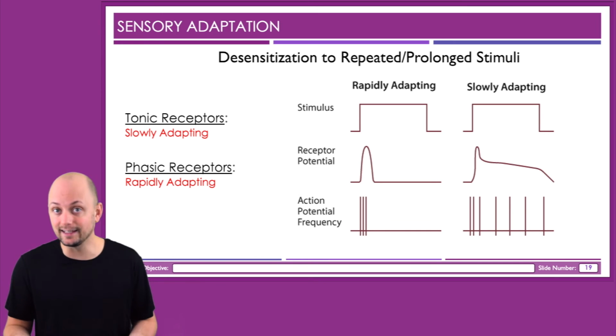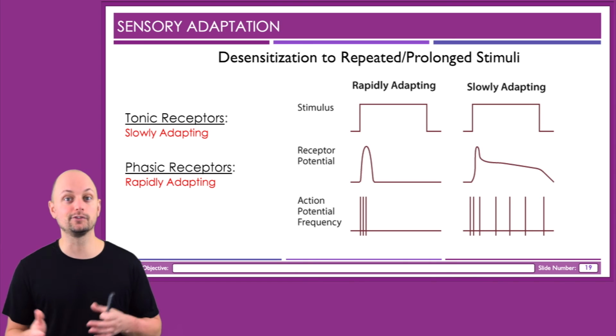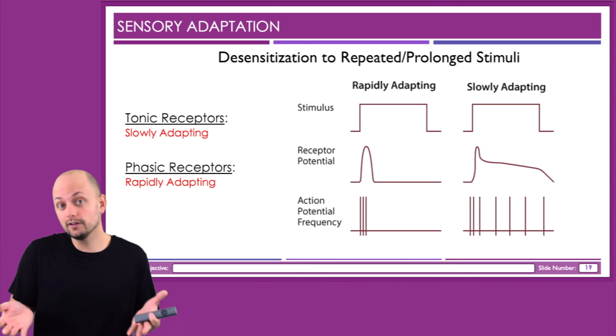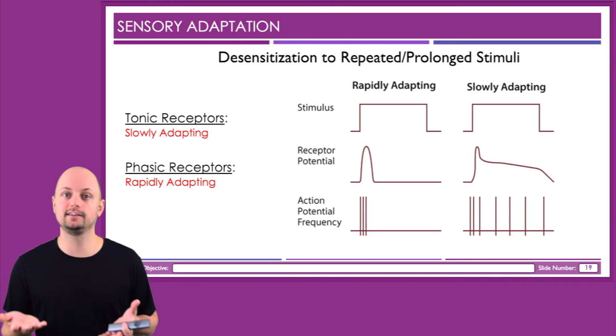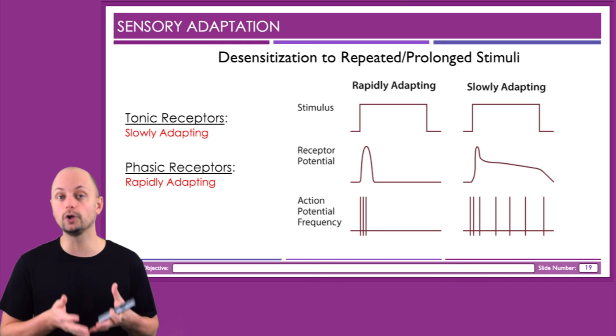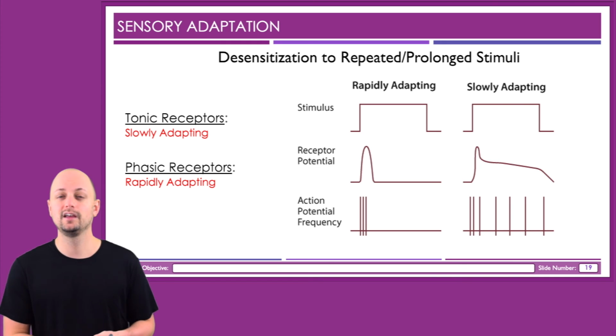If you have a headache or you're in pain, then chances are you're finding it really difficult to focus on the words that are coming out of my mouth right now. And that's because pain is an example of a tonic or slowly adapting receptor. In a way, you don't want your body to desensitize to pain because it's telling you that something is wrong.